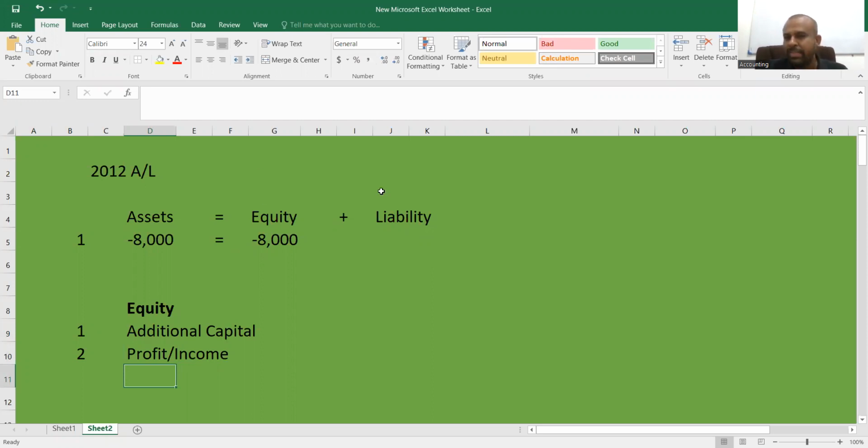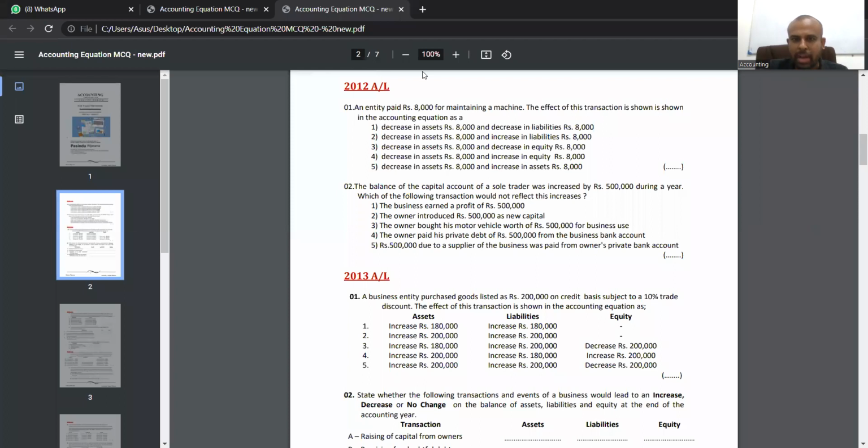Due to drawings and expenses or losses, equity balance decreases. Now here, if you look at this, the business earned a profit of 500,000. This is an income, so equity balance increases. Additional capital, 500,000, you consider as additional capital.